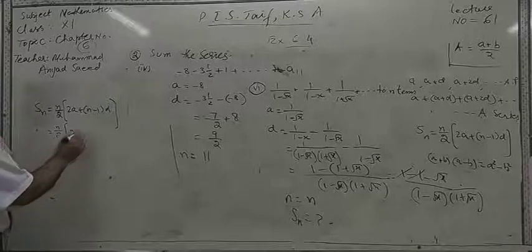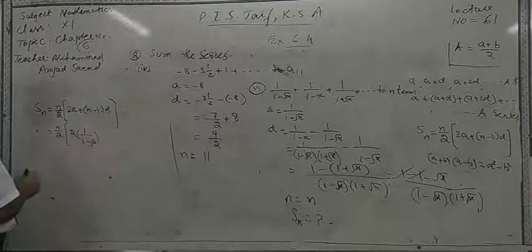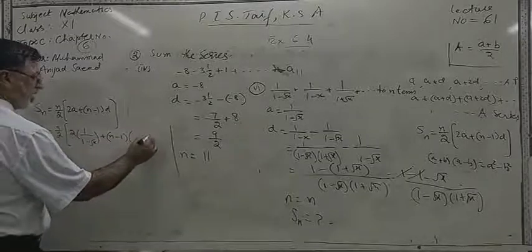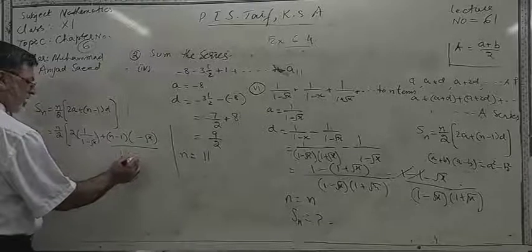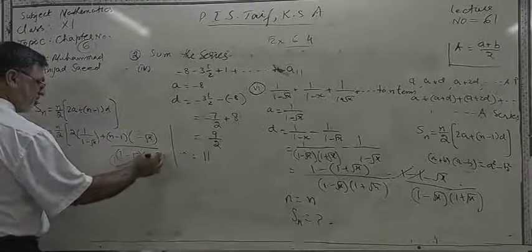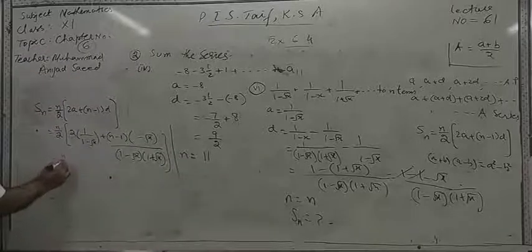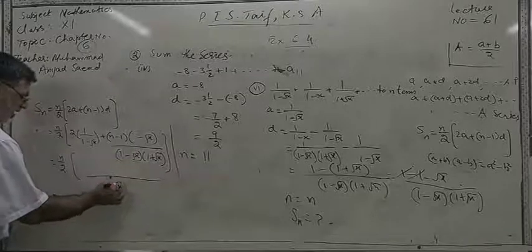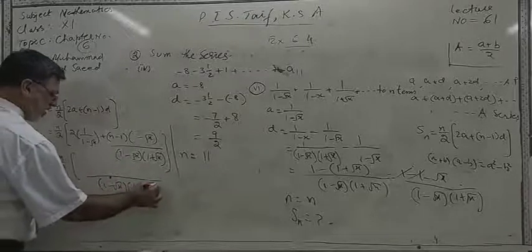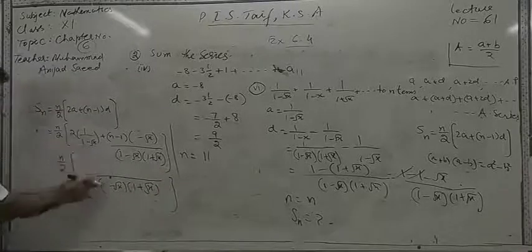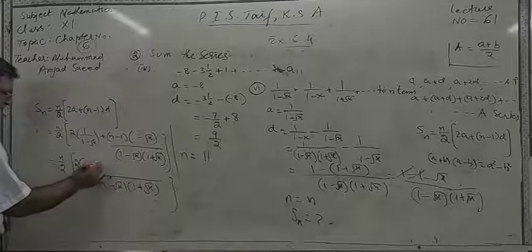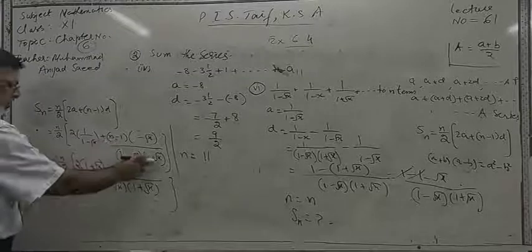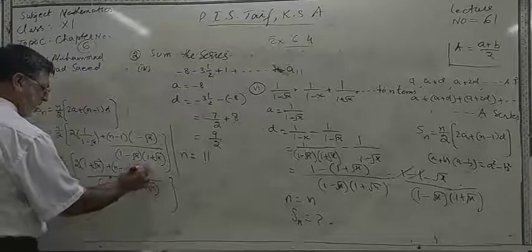What about a? 1 over root of 1 minus x, plus n minus 1 into d. d is minus root of x over root of 1 minus x times root of 1 plus x. n over 2. Now you can take LCM root of 1 minus x times root of 1 plus x. This is cancelled with that. 2 into root of 1 plus x plus n minus 1. Both are cancelled out. n minus 1 into minus root of x.